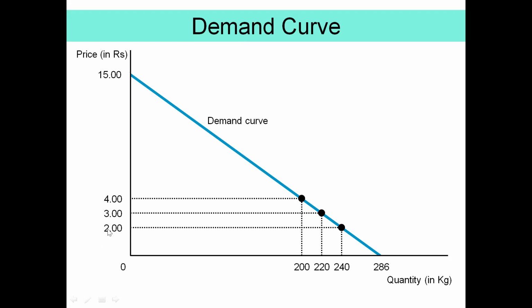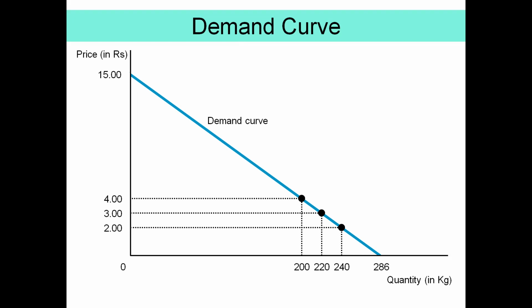As price decreased to 3, quantity demanded increased to 220. As price further decreased to 2, the quantity demanded increased to 240. So the demand curve is a downward sloping curve indicating the inverse relationship between price of the commodity and quantity demanded of it.